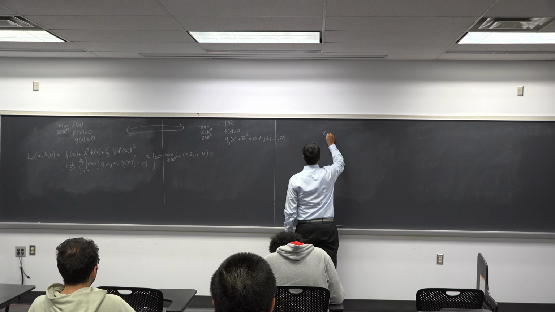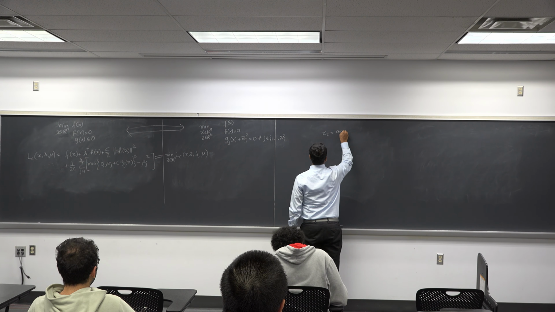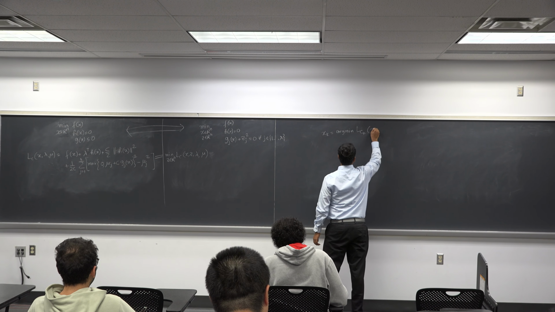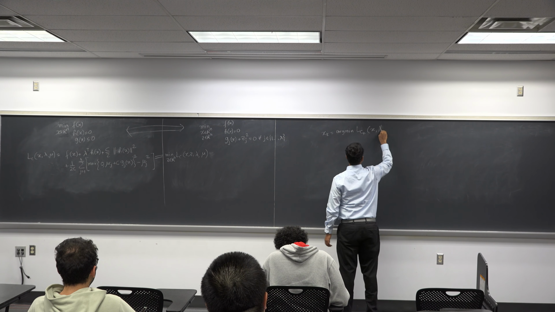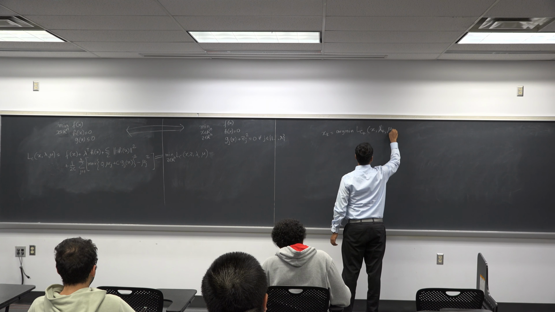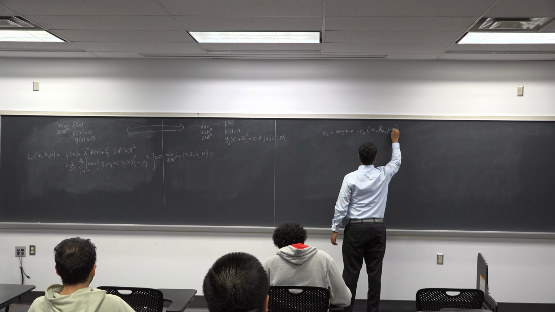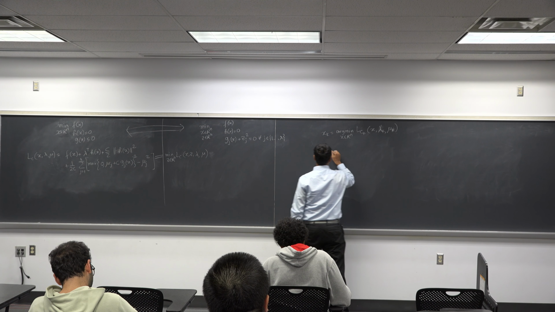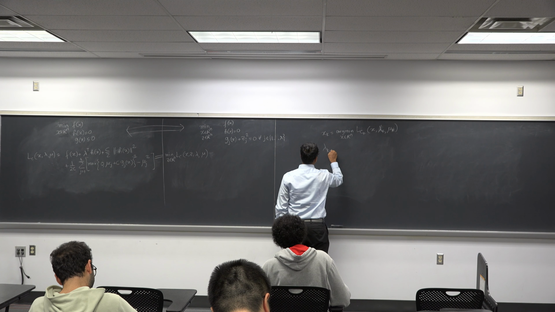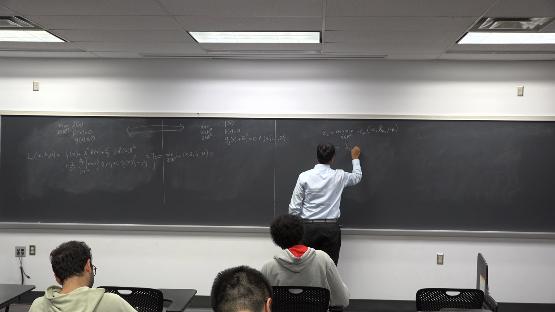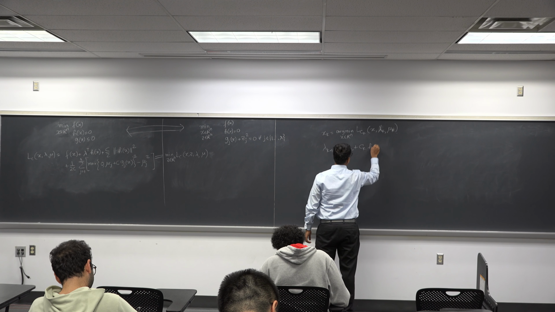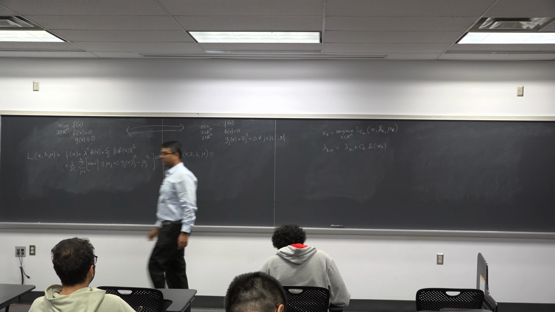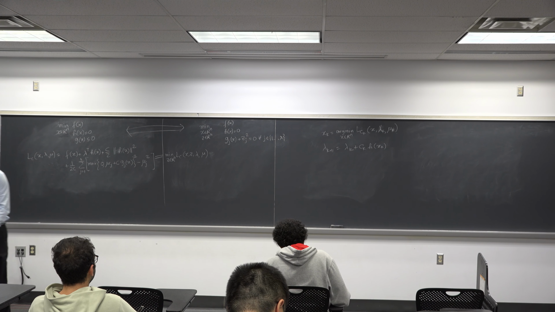My x_k is the argmin of L_ck(x, lambda_k, mu_k), x in R^n. Lambda_{k+1} equals lambda_k plus c_k h of x_k. And the expression for mu_k is slightly more complicated.